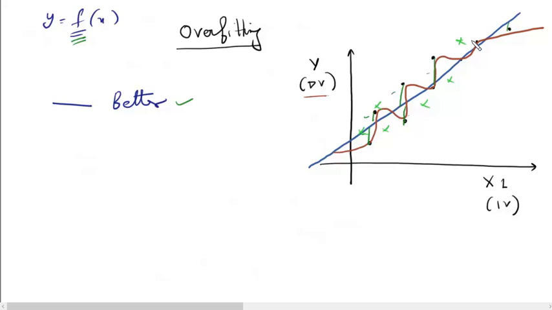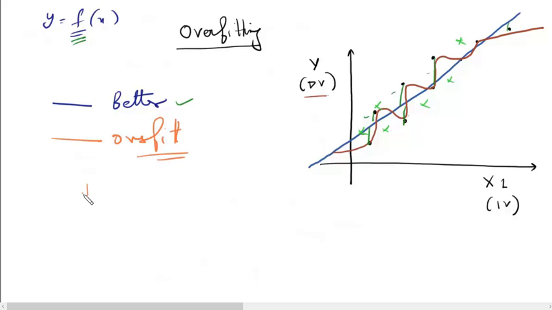So this kind of complex model is known as an overfit model. The red model here definitely is an overfitting model, which is too complex, and though it would have a smaller error on the trained data, it would fail miserably on the test data. So this is the concept of overfitting. How do we identify if our model has overfit? This is one of the reasons why we split the data into train and test.